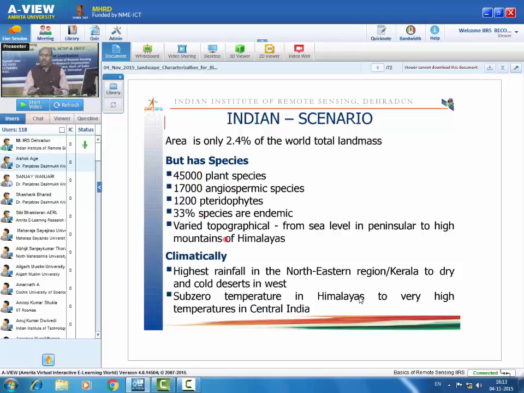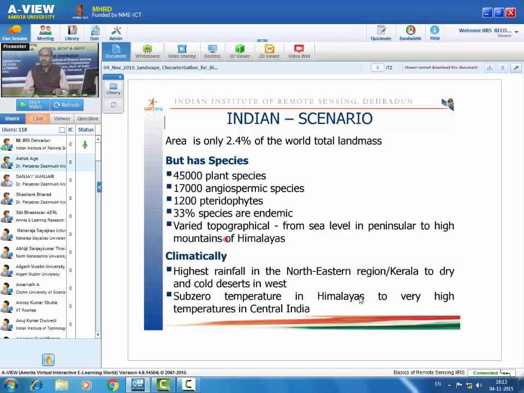And you have very varied topographical variations. You have very plain areas, you have very high hills, you have Western Ghats hills, Eastern Ghats hills, Eastern Himalayas hills, and you have flat areas also. So it's very varied. Climatically also, our country has a lot of variations.